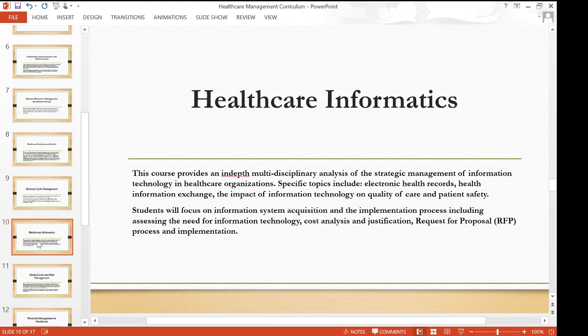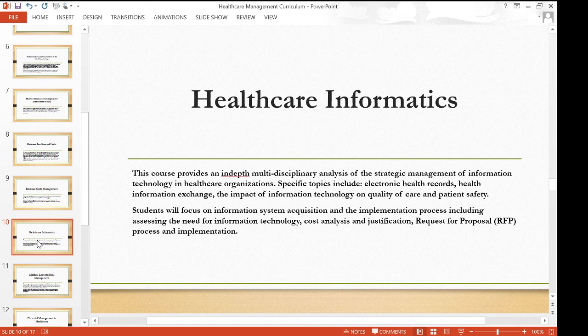The next subject you will come across is healthcare informatics. This course provides an in-depth multidisciplinary analysis of the strategic management of information technology in healthcare organizations. Specific topics include electronic health records, health information exchange, the impact of information technology on quality of care and patient safety.